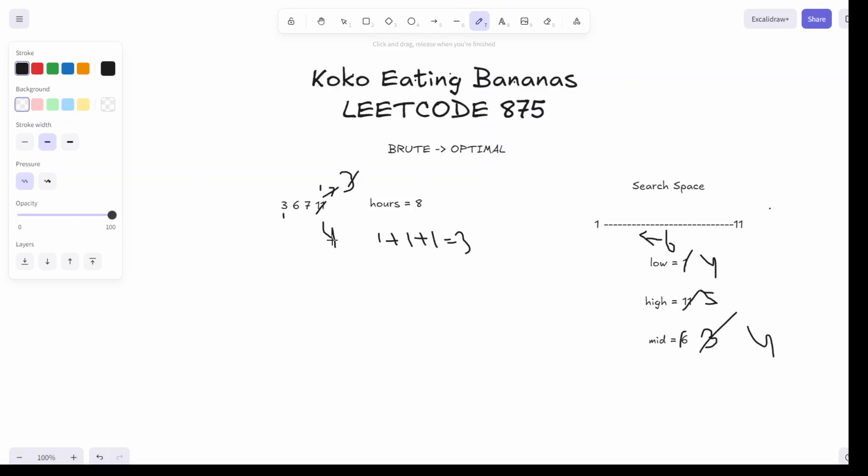So we need 3 only, but in this case we will use pile plus speed minus 1 divided by speed. Pile plus speed would be 11 plus 4, which is 15, and 15 minus 1 would be 14.